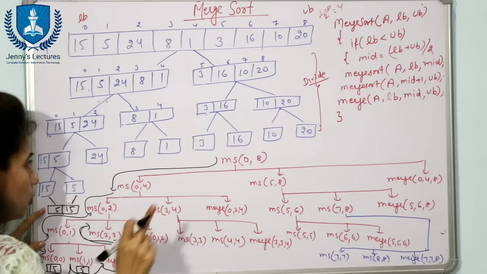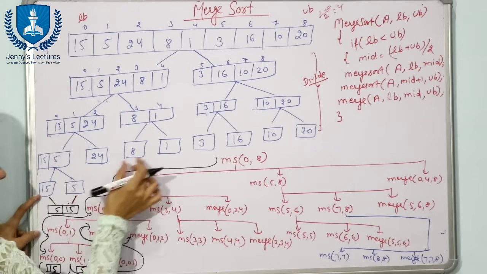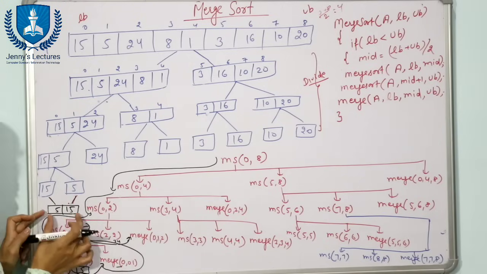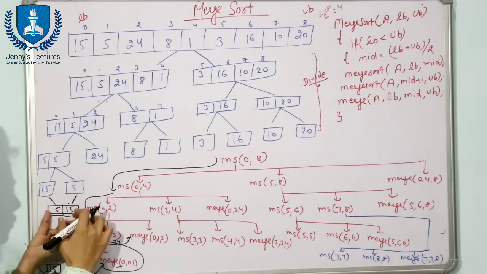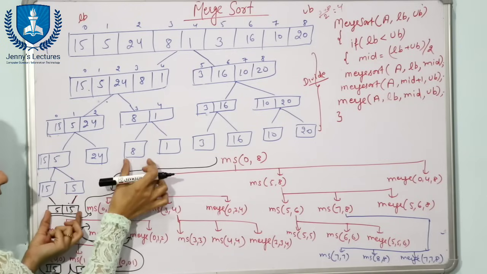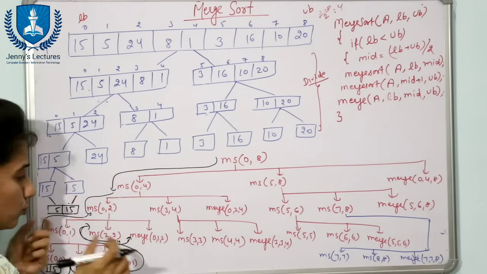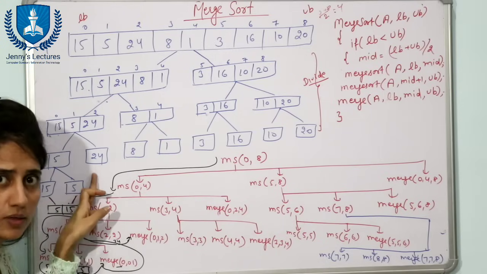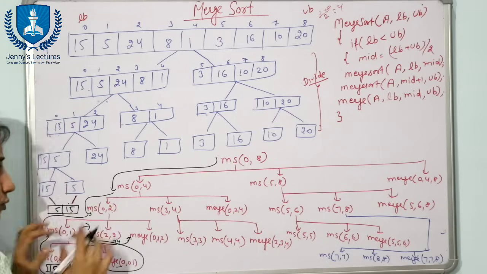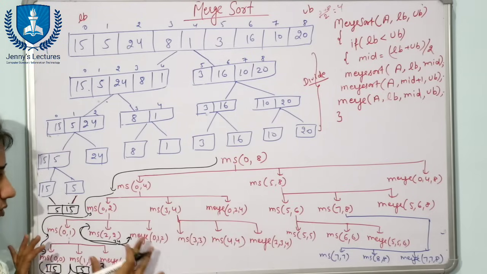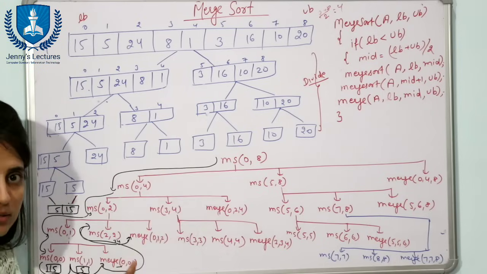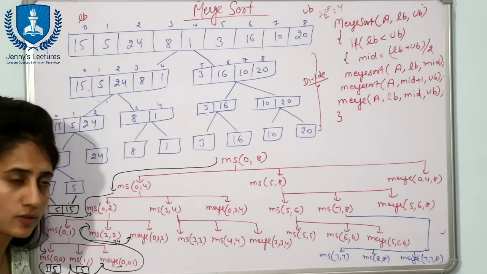That is why I am saying you cannot merge this 15 with 8 or 15 with 24. This 5 and 15 is one list and you are going to merge this with 8? No. You are going to merge these lists with its adjacent list only. And when you are going to draw this recursive tree, then you come to know how you are going to merge these sublists and how you are going to divide these sublists.